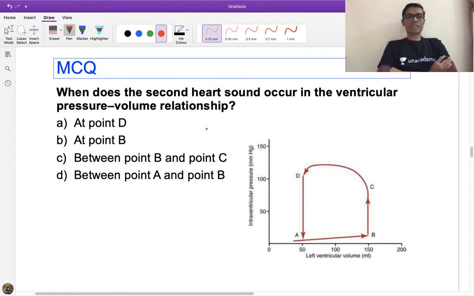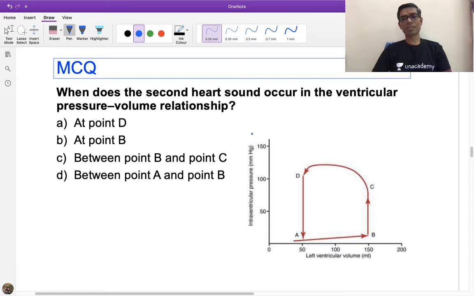Right, now the next MCQ. When does the second heart sound occur in the ventricular pressure volume relationship? Already we have discussed, so try to answer. Okay, second heart sound they are asking. So which point? Any answer?